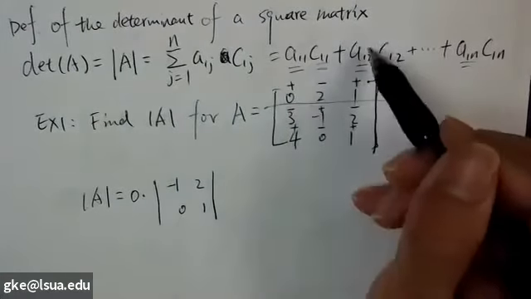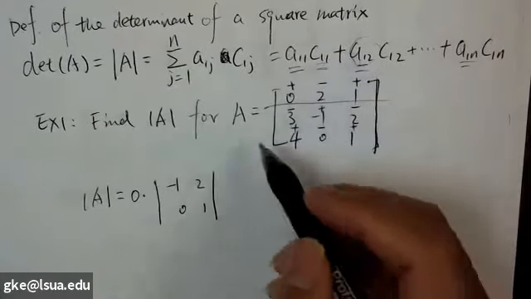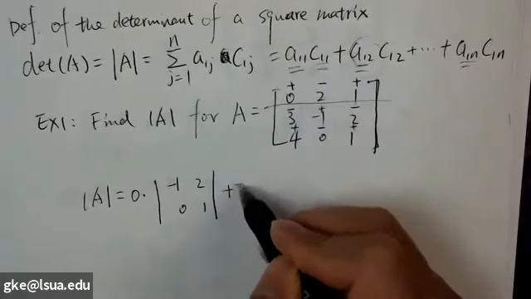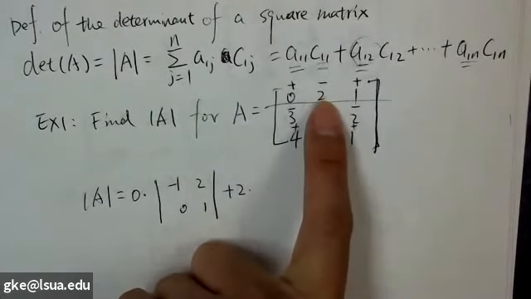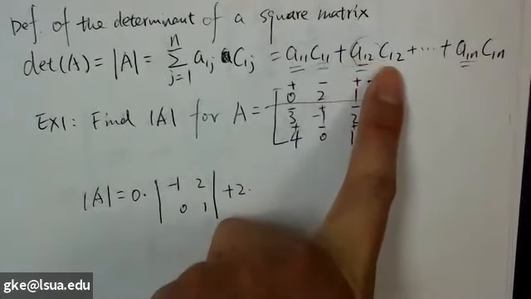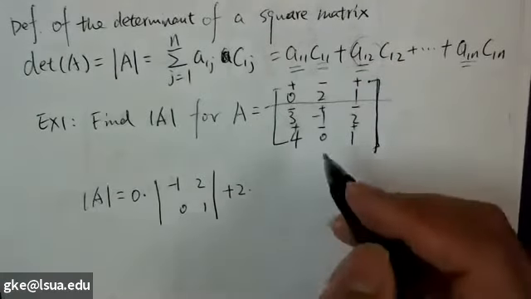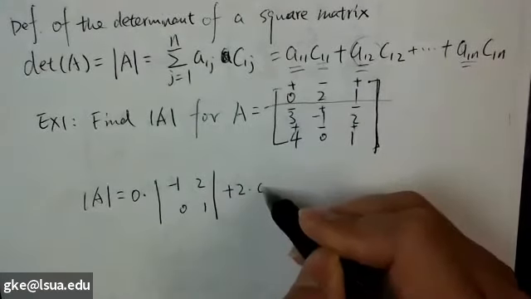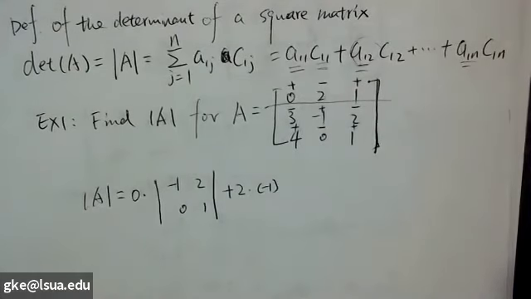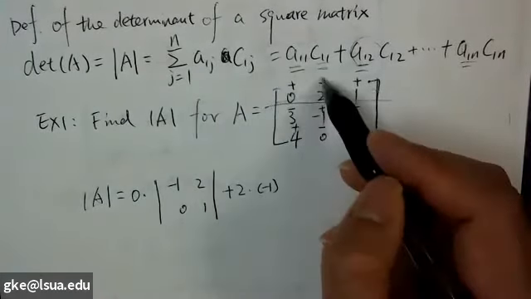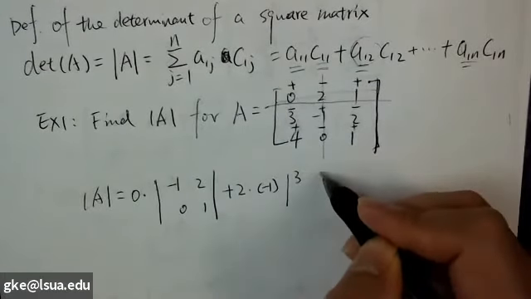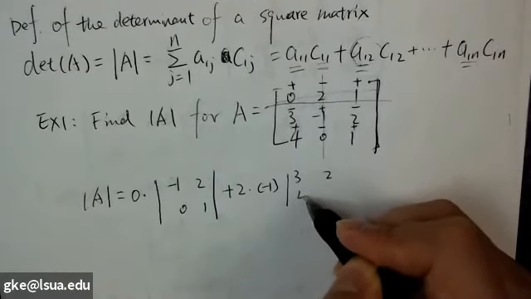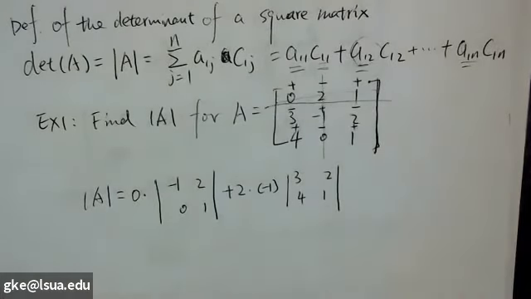Now let's take a look at A12. A12 is 2, right? And times C12. Be careful: C12 is negative, so put a negative here. Then cross out the first row, second column, and we have 3, 2, 4, 1.